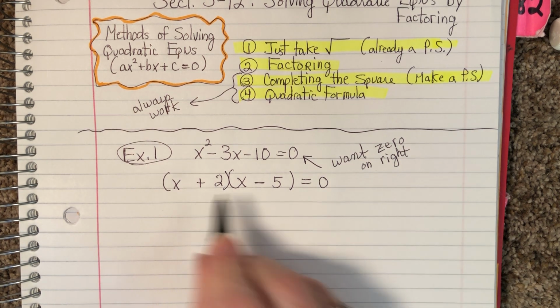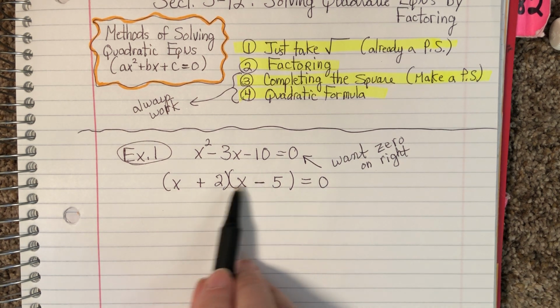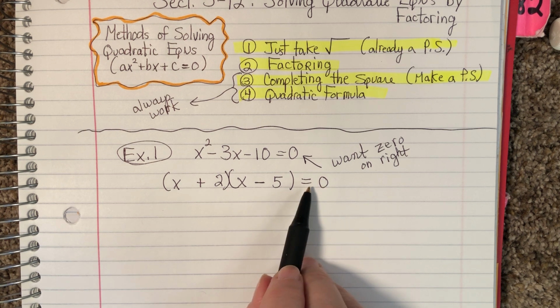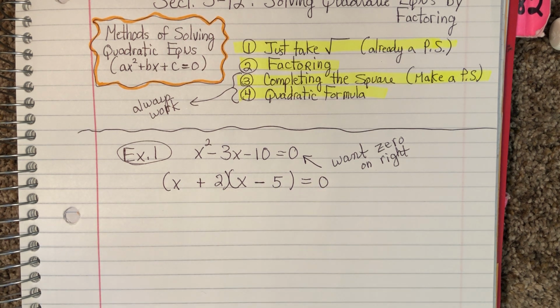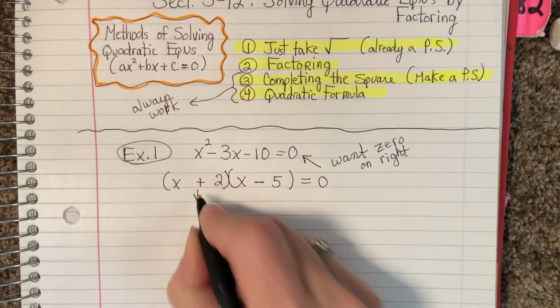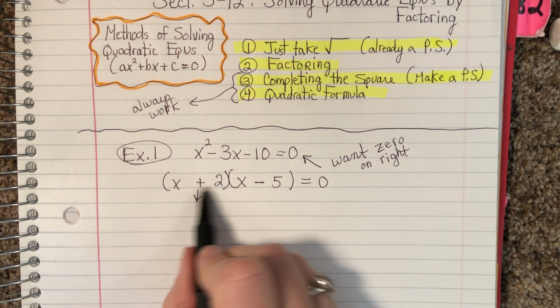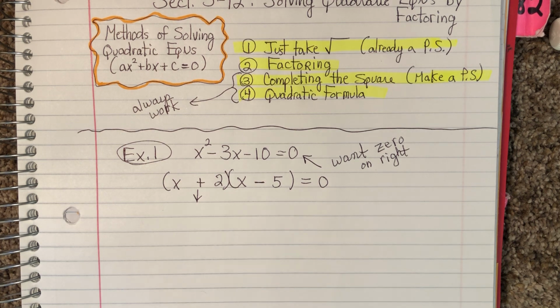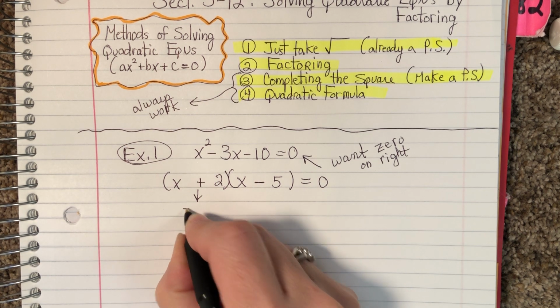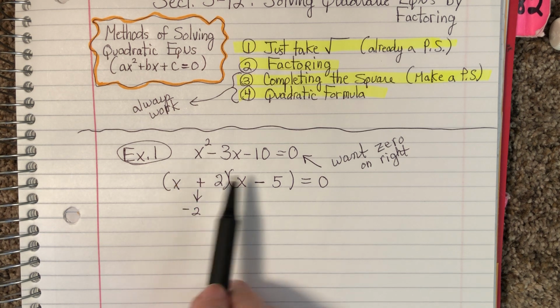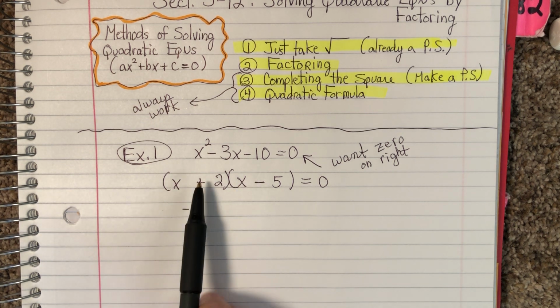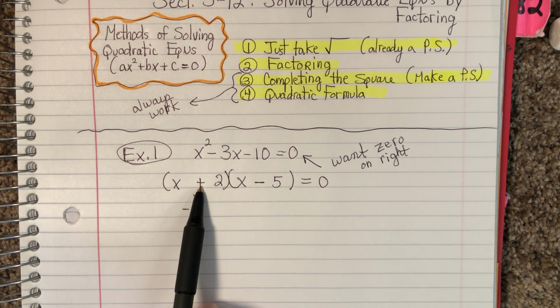Now, we want to figure out what x's will make this equation true. That means what will make this side equal 0. So you look at each parenthesis or each piece and ask yourself what x would make just that piece 0. Well, negative 2. If I put a negative 2 in both places, this parenthesis will go to 0.